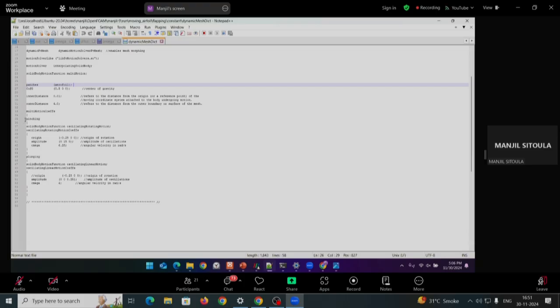We can see here we have assigned pitching and plunging and given the same amplitude and the same omega that we used for the pitching and plunging cases. Here we have to assign it to a path, the airfoil that is moving, and the center of gravity. All these parameters and values are the same as I showed you in the previous case.